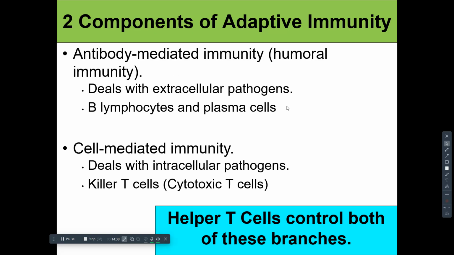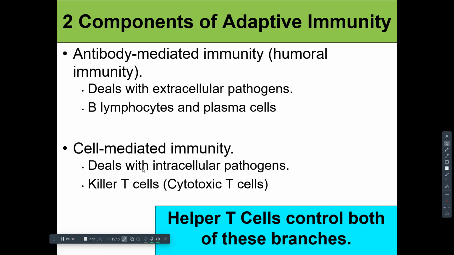These are pathogens found in blood, in lymph, in interstitial fluid. B lymphocytes and plasma cells are the major cells involved in antibody-mediated immunity. By the way, the word humoral means having to do with humors, and humors is an old-fashioned word for body fluids. And of course, body fluids are where we would find things that are extracellular.